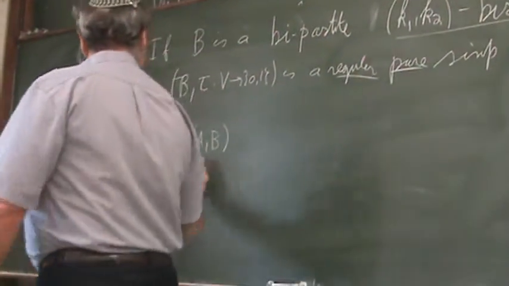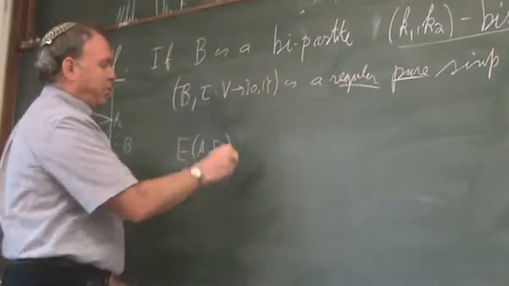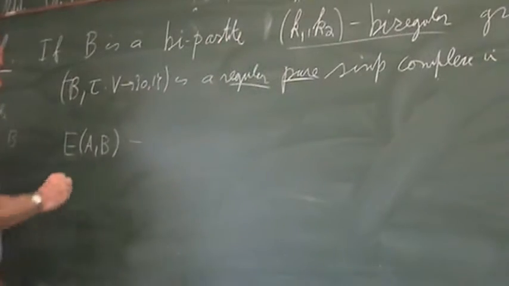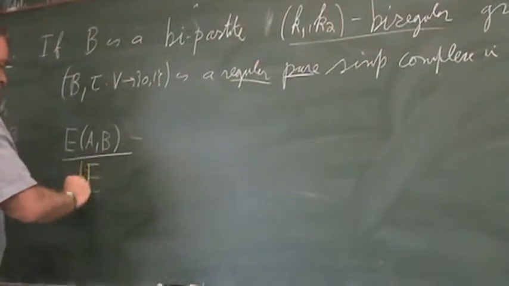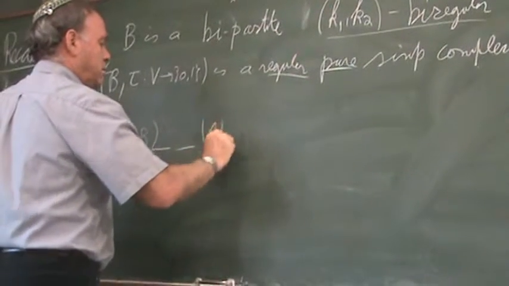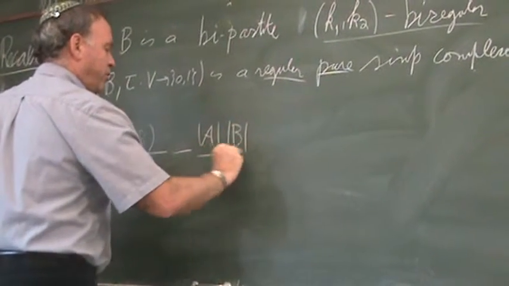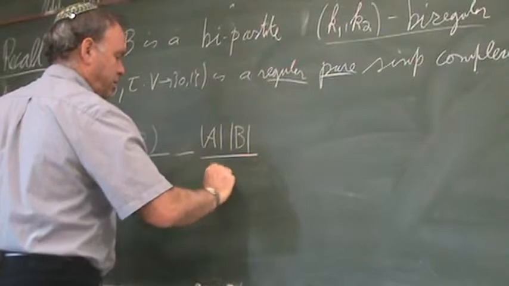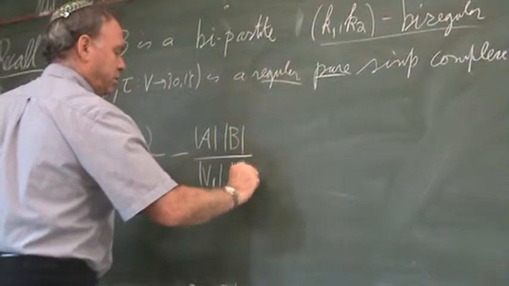It was exactly the same as EAB, I divided by E, or I wrote something. Yeah, subtracted AB over D1, D2.